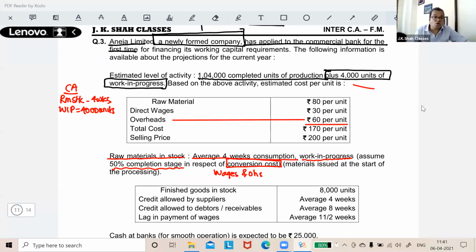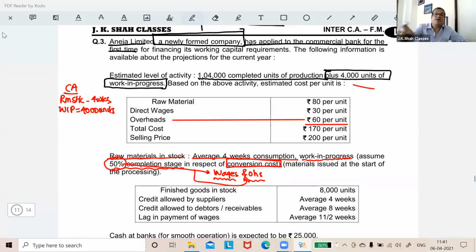So whom do I call conversion cost? Wages and overheads. And what is told? Assume 50%. So that means this 50% I will apply to wages and overheads. And if the question is silent, then I'll apply 100% to raw material. That's our normal way of solving. Correct, friends. We normally attend like that only.